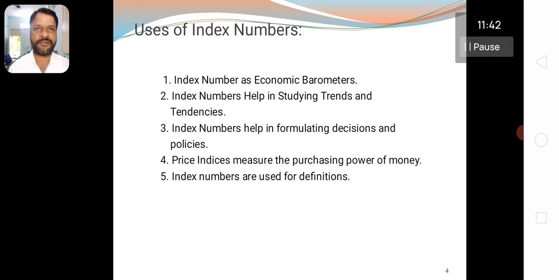You know very well. Ask your grandfather or father, during their childhood at the age of 5 or 10 years, what were the rates of certain commodities? Now there is a lot of difference.